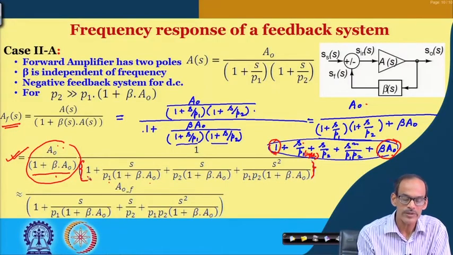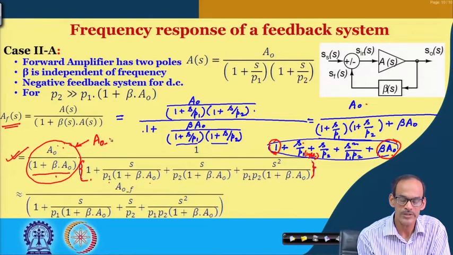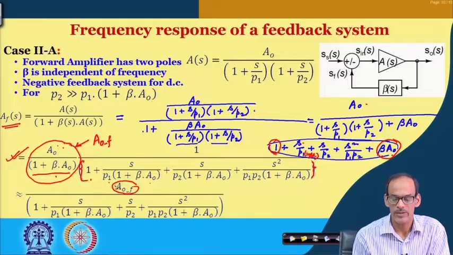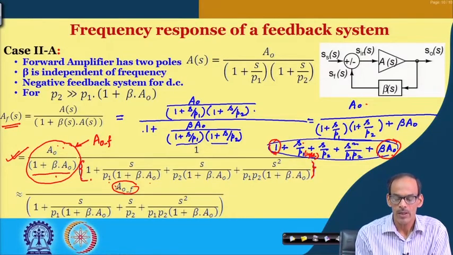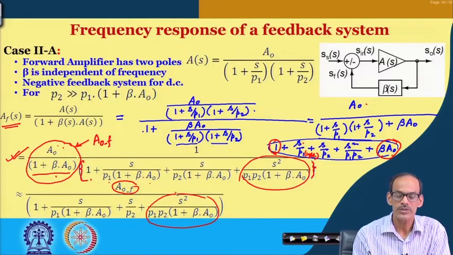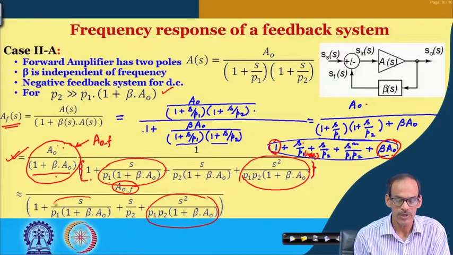So, first of all, this part, as you have done before, let us consider it is independent of frequency and let us call this A naught f. As you can see here, this second order term let me try to retain as is, and this condition indicates that this part is dominating. So, we are keeping this dominant part.